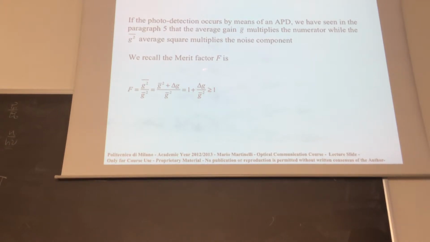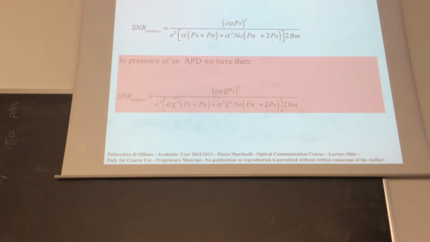And this is larger than 1, because the figure of merit of the photodiode is larger than 1, because a photodiode amplification presents a necessary variance, because the multiplication is not a deterministic process, but presents some randomness. So if you introduce this term of a multiplication in the numerator and in the denominator, we obtain this expression.